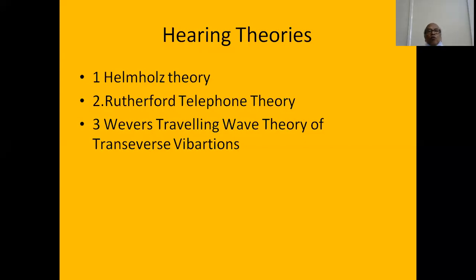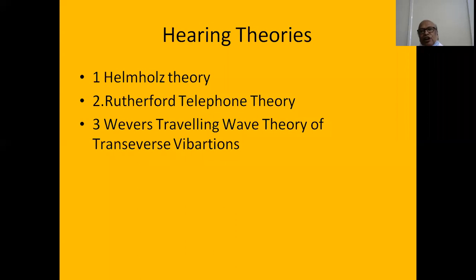Now, how do we hear? The exact mechanism is not very clear. There are some hypotheses. The first hypothesis is Helmholtz theory. According to Helmholtz theory, there is a particular place for a particular frequency on the basilar membrane.